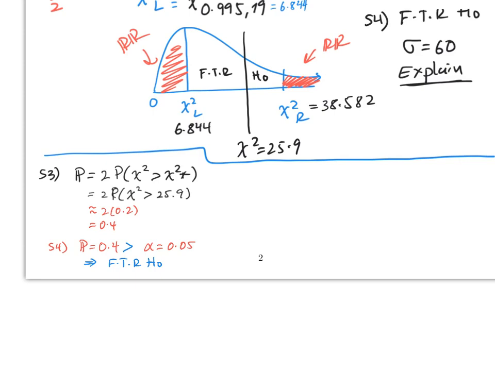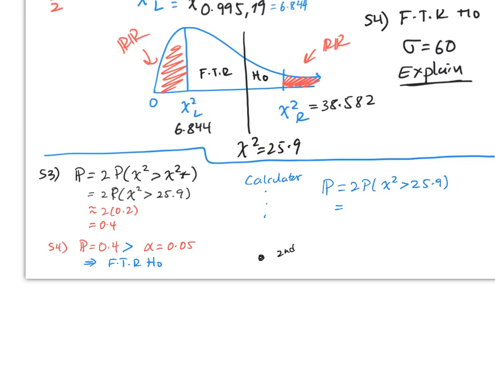Okay? Now, if you do the calculator, the p-value is going to be twice the probability the chi-square is greater than 25.9. Since this is chi-square and not t and not z, we're going to do the same thing from before.